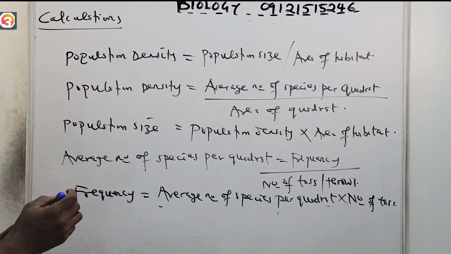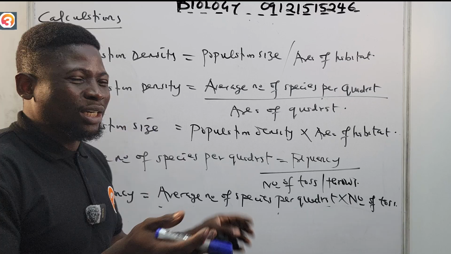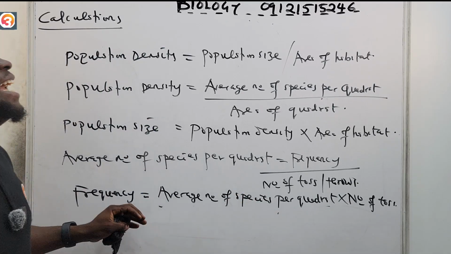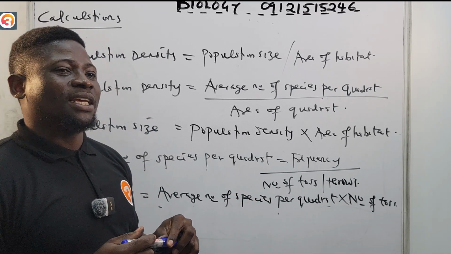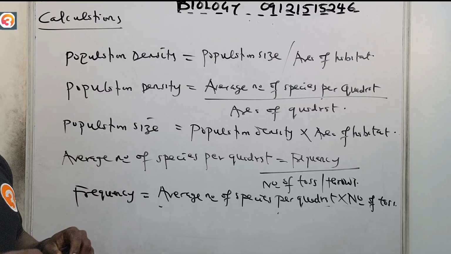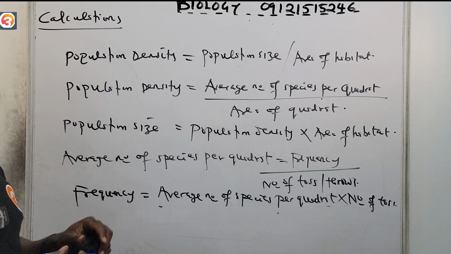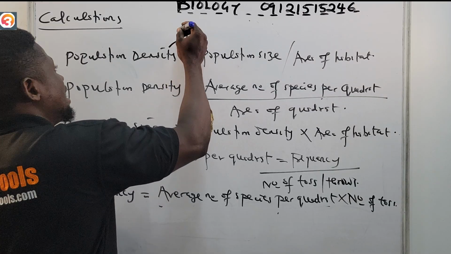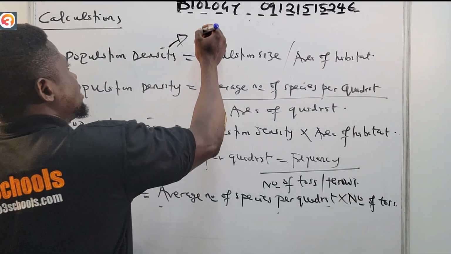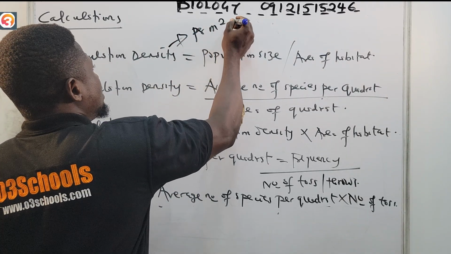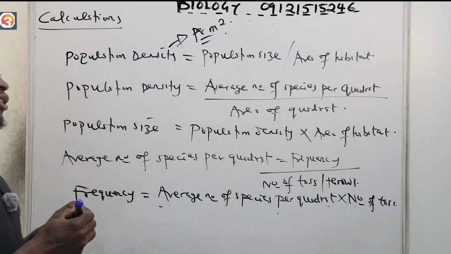So these are all the formulas that we need to answer questions, however they want to set it. And I told you vividly that among all of the parameters used in population study, only population density has a unit, and that is per meter square. So also take note of that.